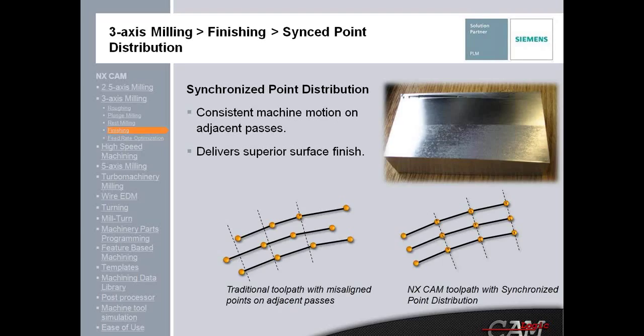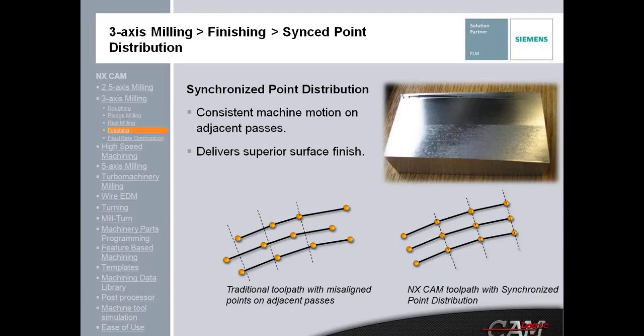Also, inside NX CAM and the tool path algorithms, we have the synchronized point distribution, whereas some of the traditional CAM software or some of our competitors will have misaligned points on adjacent passes, which ends up resulting in a less desirable surface finish.